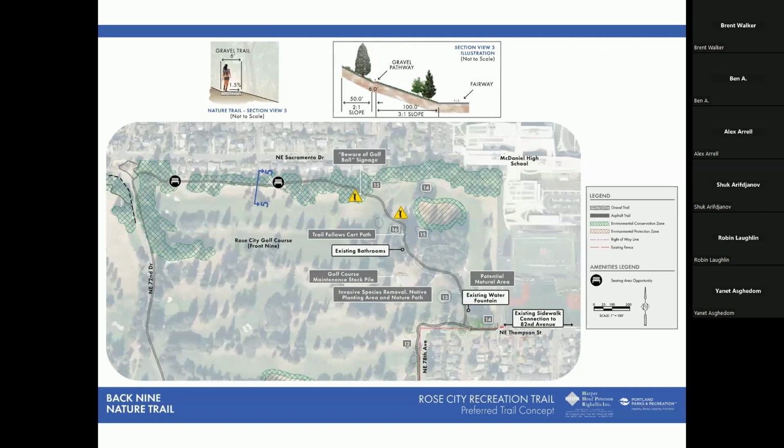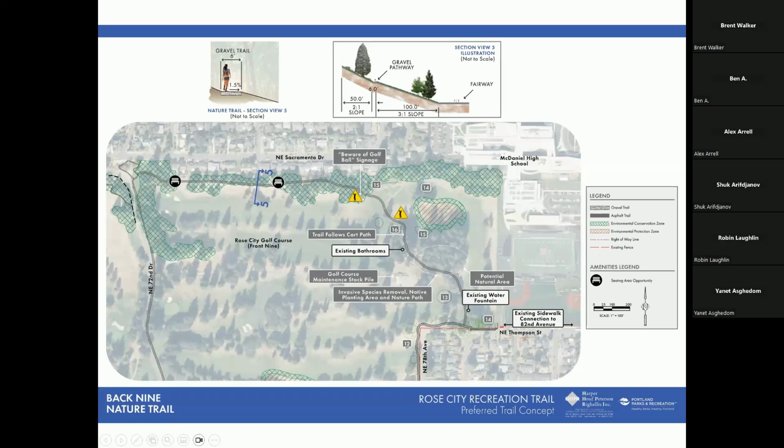This is the first design alternative that shows the trail going in front of the par 3 15 tee box. And so we would put signage and make folks aware that, hey, walkers are coming up and there may be golfers, so please communicate or wait if there's a golfer teeing off. And then we have another route.